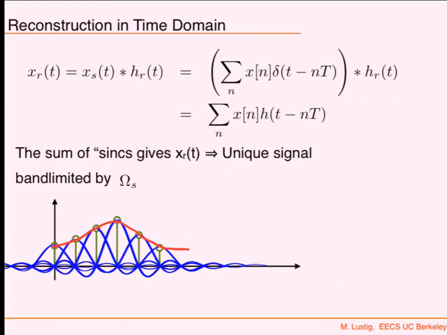Right, it's a linear system. You don't make new frequencies in a linear system. If a sinc is band-limited, and I just shift and add them, I cannot generate new frequencies. It's always going to be band-limited. Are they going to be constructively and destructively interfering with each other in the frequency domain because you shift them?